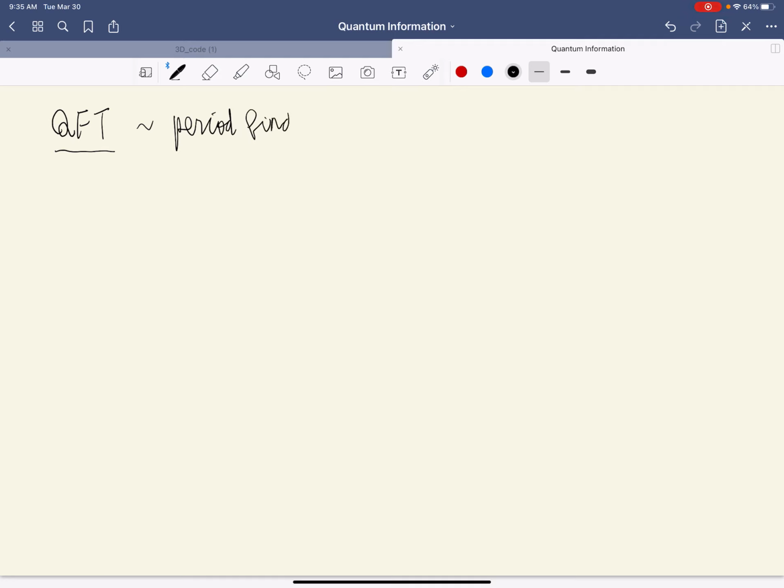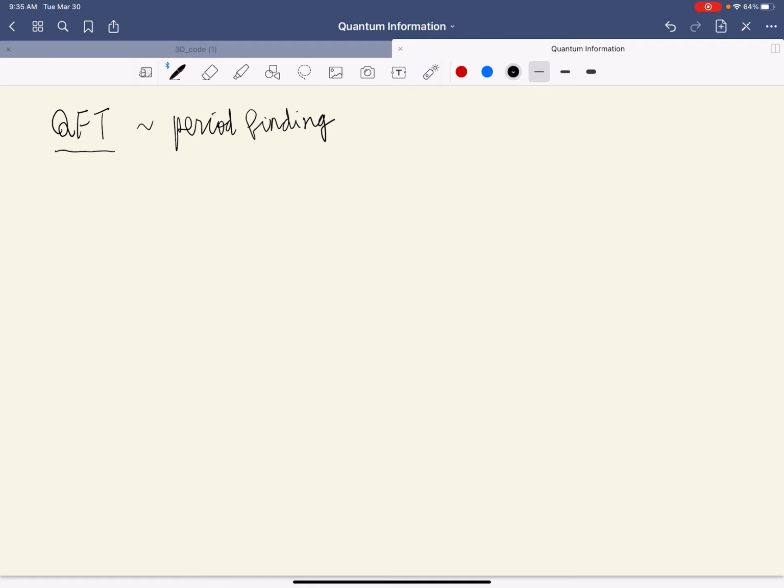So today I'm going to give you hopefully a self-contained introduction to what that is and how the quantum computer performing a quantum Fourier transform can efficiently find out about the period of certain function.